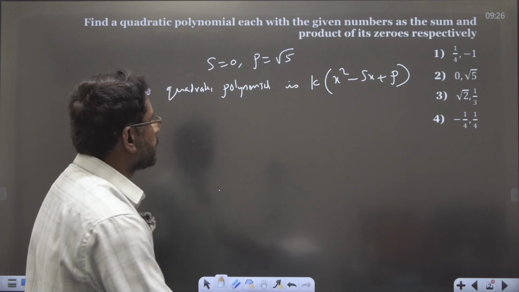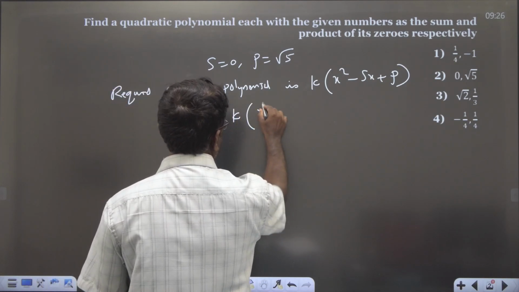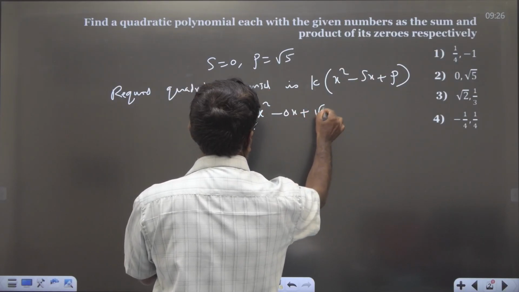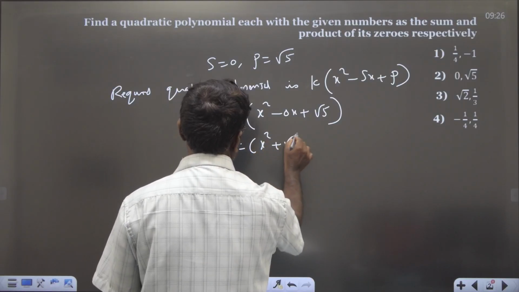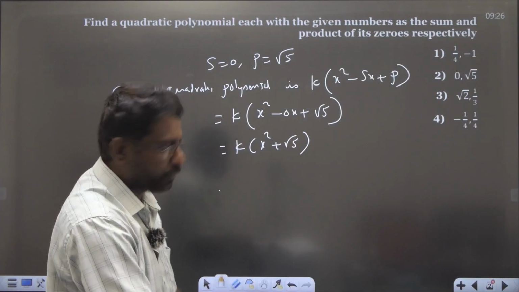This is the standard form. So this is equal to k into x square minus 0x plus root 5. It is k into x square plus root 5.